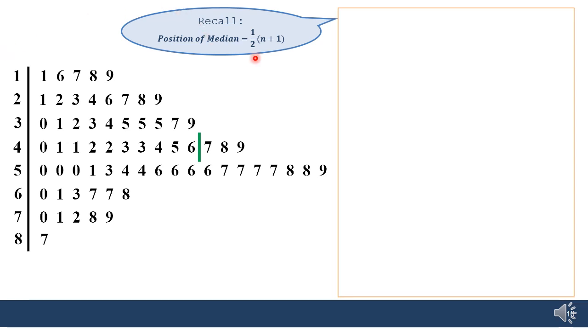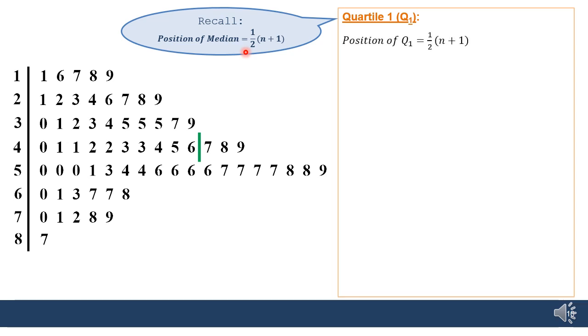The median is the halfway point, and we know that quartile 1 is the halfway point of the first half of the data, and quartile 3 is the halfway point of the second half of the data. So I can use this exact same formula to work out quartile 1 and quartile 3.